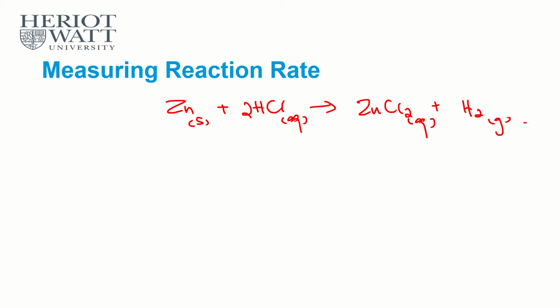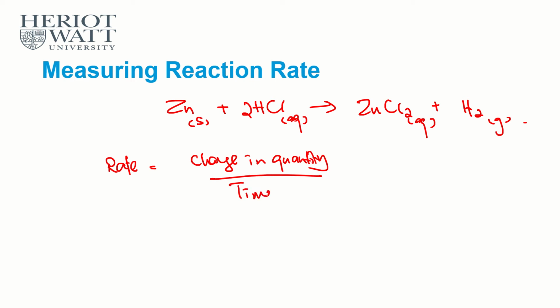Now, first, you need to be clear about what is rate of reactions. Rate of reaction is actually the change in quantity over the total time taken for the reactions.